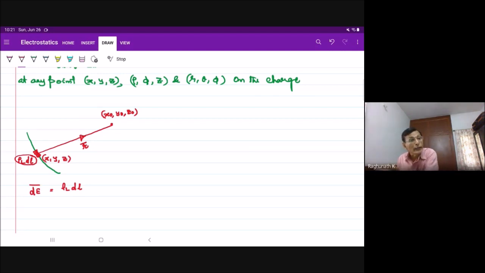At any point in the xy plane it is dx ax plus dy ay, or root of dx squared plus dy squared. Correct? No. That dl we saw is different, depending upon where it is along this line only.